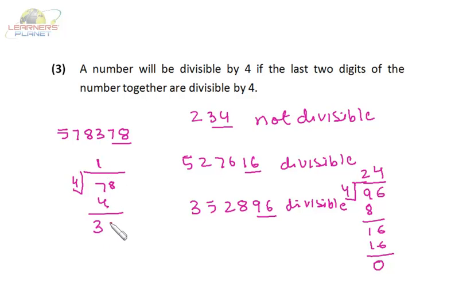Then 3. Take 8. 4 9s are 36. We are getting 2 as a remainder. That means 78 is not divisible by 4. That means the last two digits are not divisible by 4. Hence the entire number will not be divisible by 4.